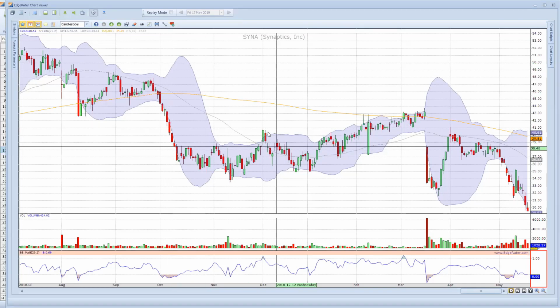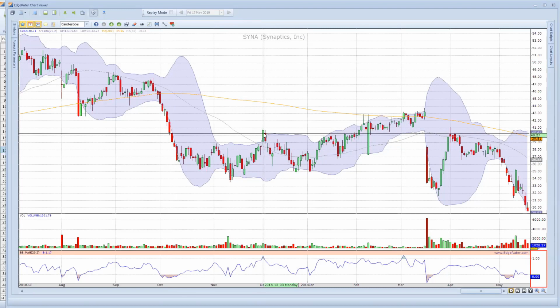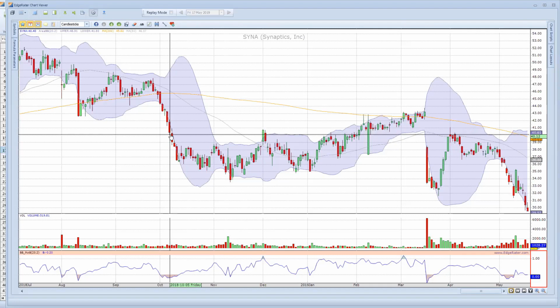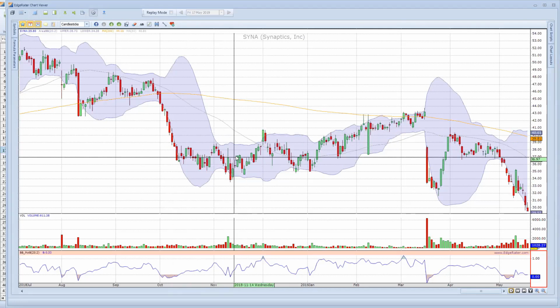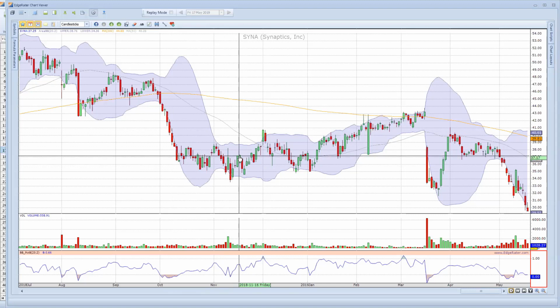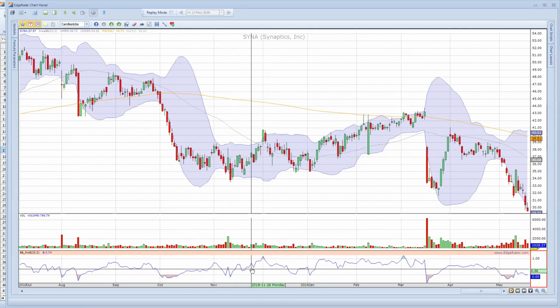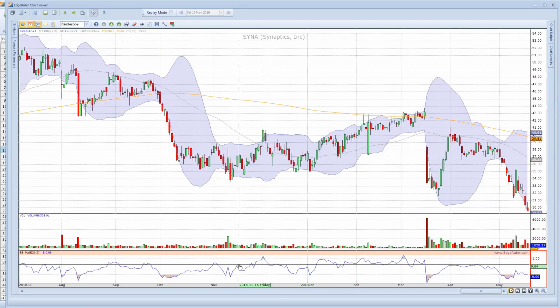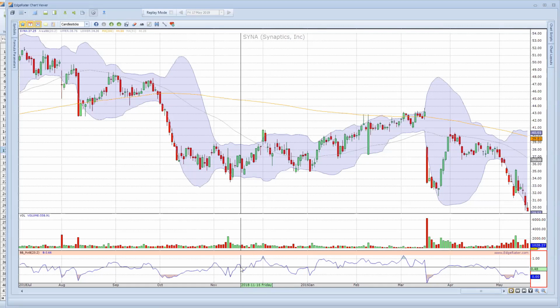If the stock is above the upper band, as in this case over here, we would call that being in bucket 11. If it's below the lower band, it's in bucket 0. If it's in bucket 5, then the stock is in the middle of the bands, as in down here, and that would indicate a percent B of 0.5. But we just split it into deciles to make it easy to see.